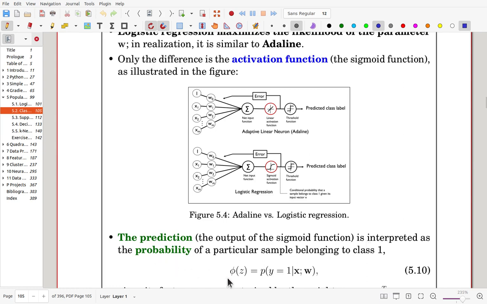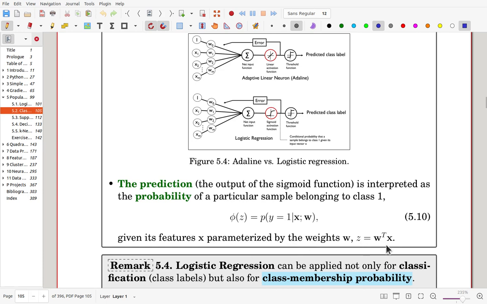Once phi is the sigmoid function, the output will be between 0 and 1 for the net input z. So that can be interpreted as the probability that the sample x belongs to class 1 given weight w.